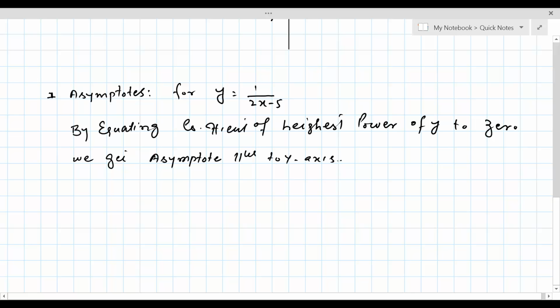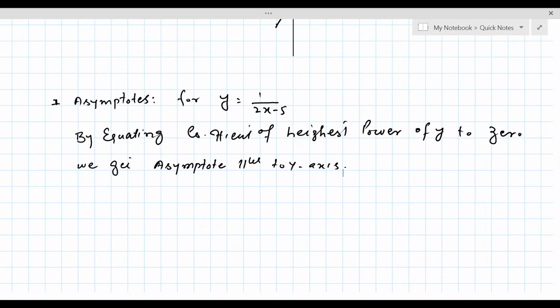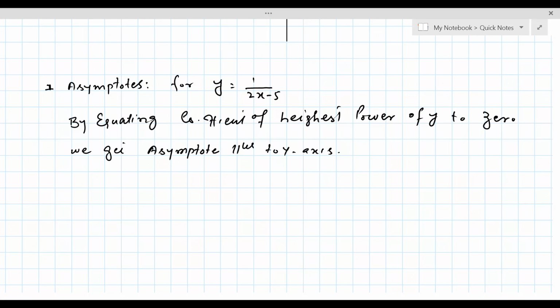So what is the coefficient of the highest power of y? The highest power of y in this function is 1, like y power 1.